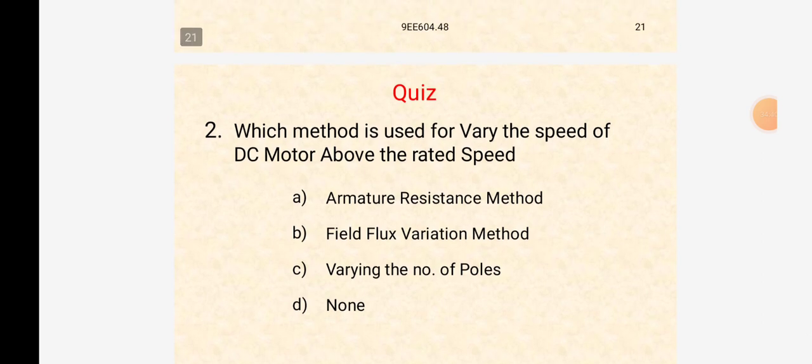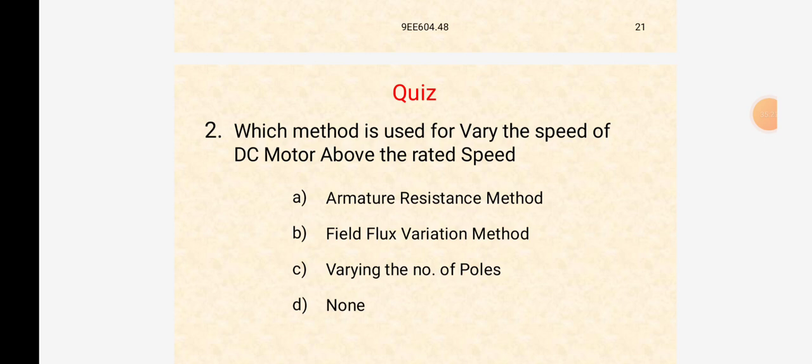And also here, which method is used to vary the speed of DC motor above the rated speed? So in this, the above rated speed means, varying the armature resistance will work below rated speed, and the flux method is used to run the machines above the rated speed.